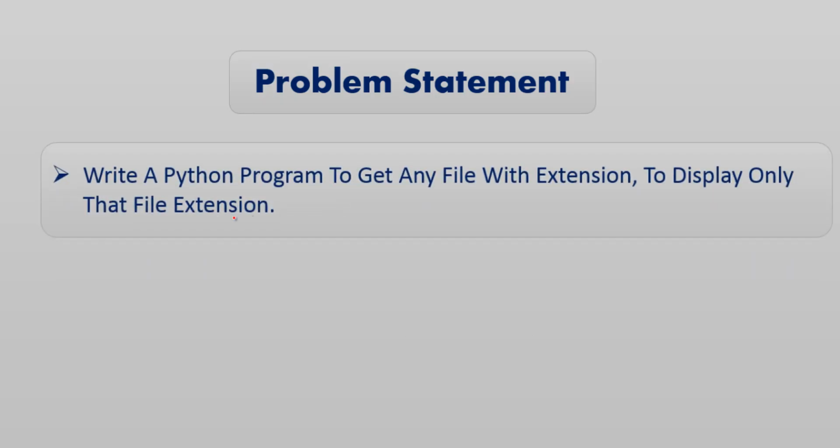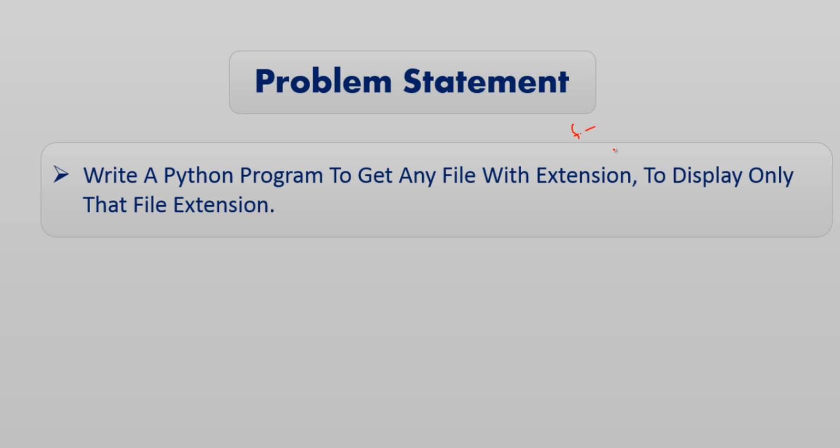The problem statement is: write a Python program to get any file with its extension, for example file name and its extension, but you have to display only that file extension. It means you have to check the file extension. What is the extension of the file?